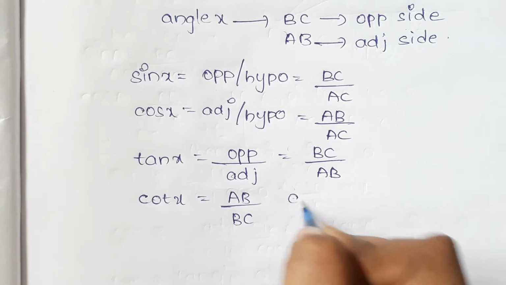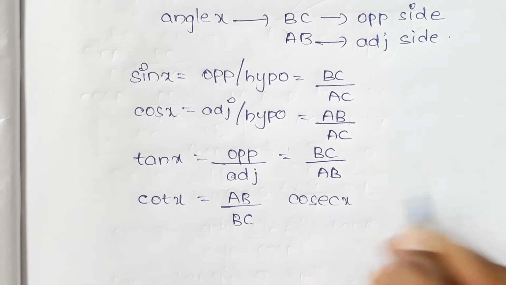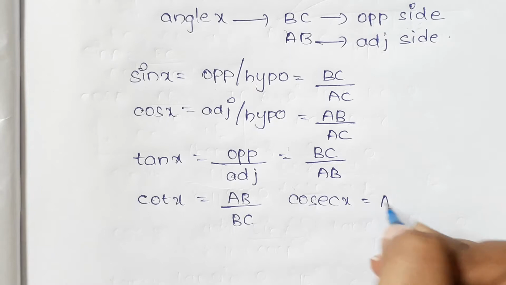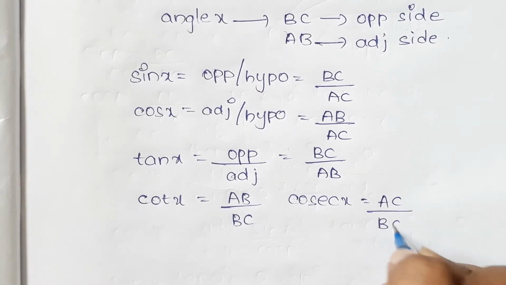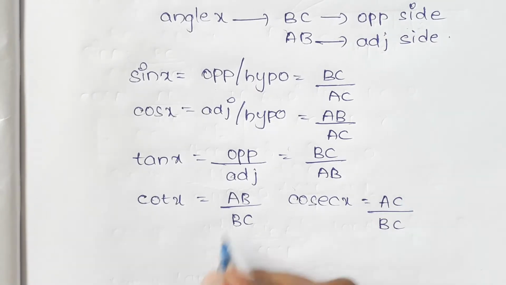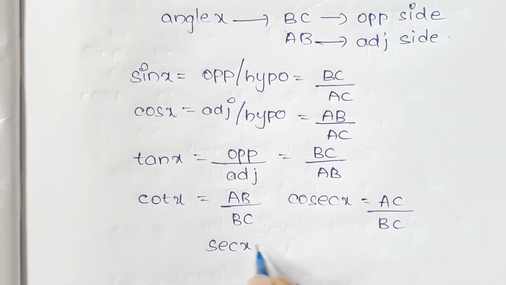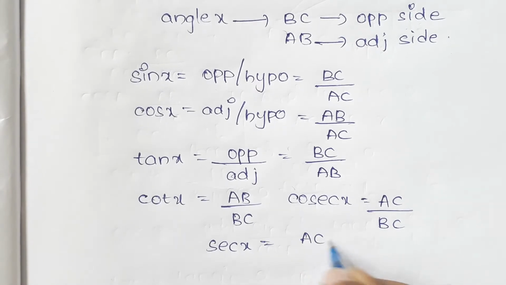tan. Cosecant x is AC by BC, and similarly secant x is AC by AB.